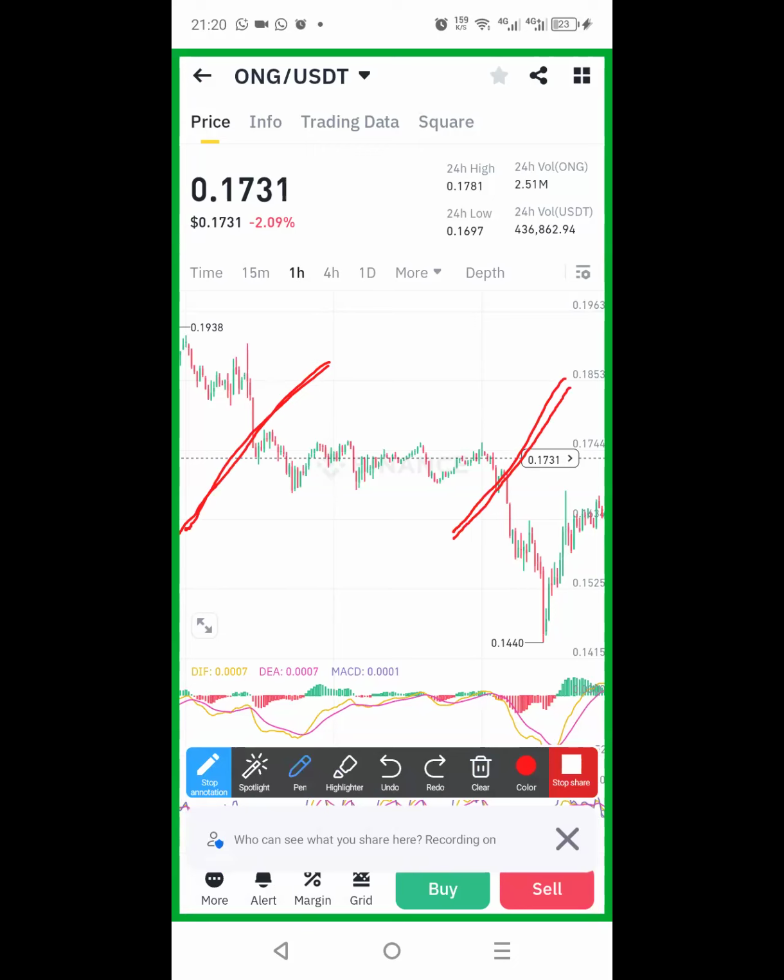If we notice the top and the low of this coin, it's almost on the same line. If we place a ruler here, I don't know if I can use a ruler inside Binance. So if we look at the top too.